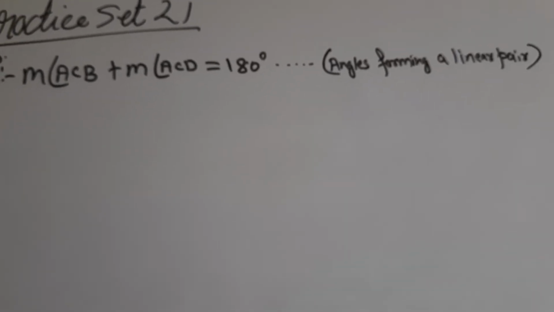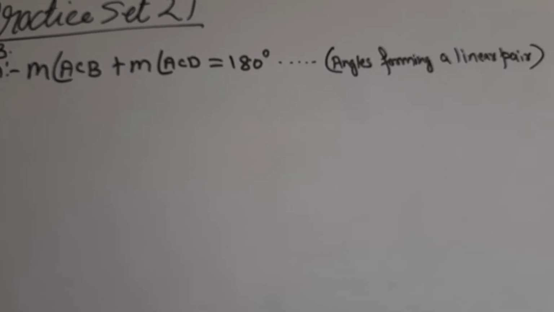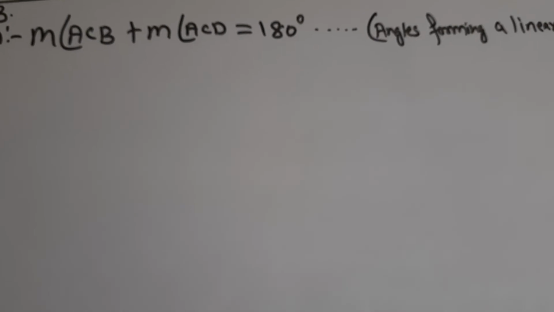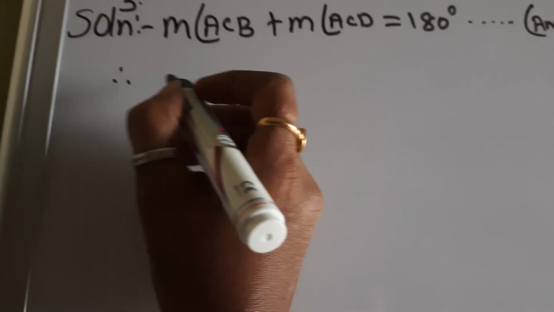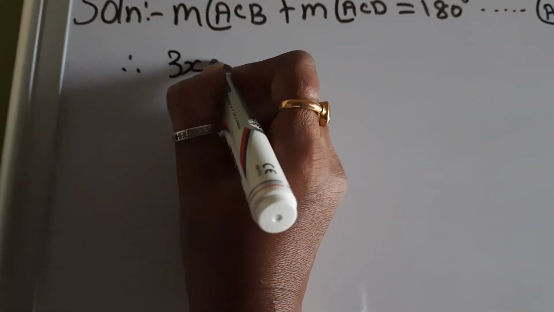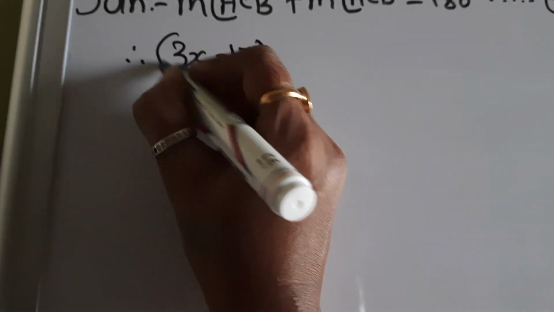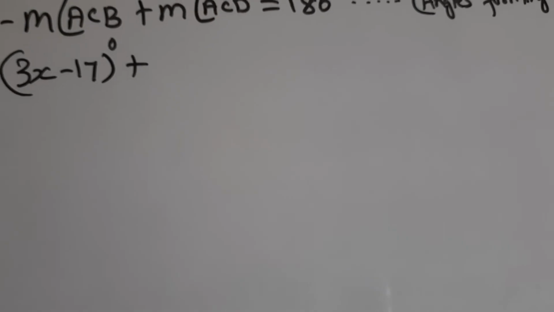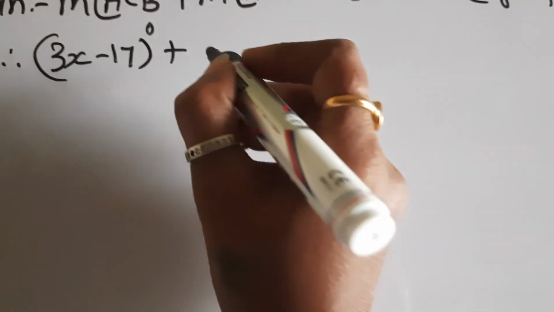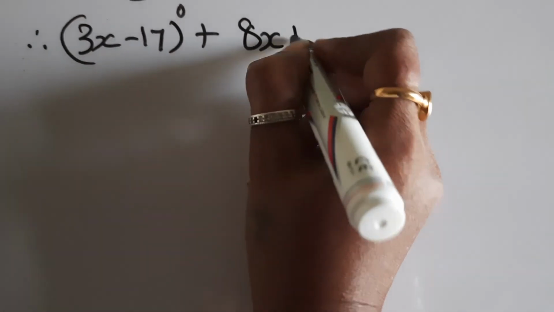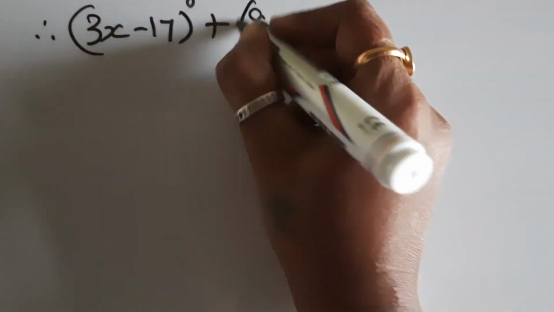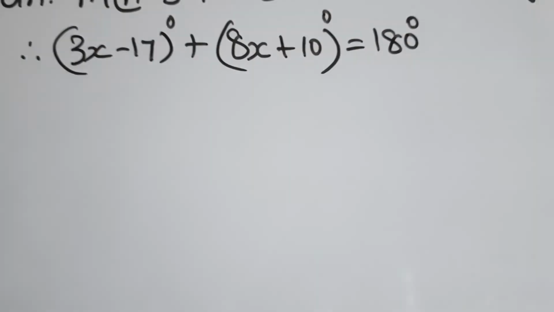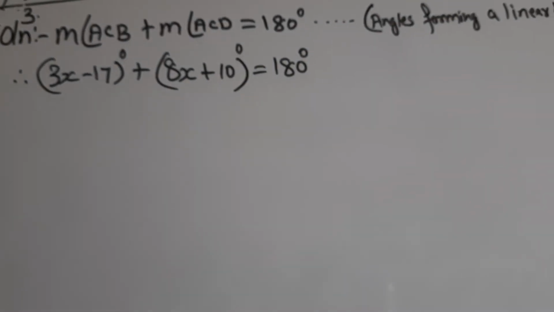Measure angle ACB plus measure angle ACD is equal to 180 degree, angles forming a linear pair. So ACB they have given us as 3x minus 17 degree plus they have given us ACD as 8x plus 10 degree is equal to 180 degree because they are forming linear pair of angles.